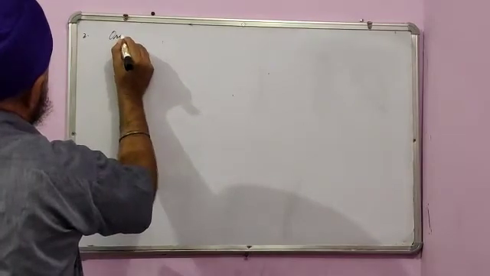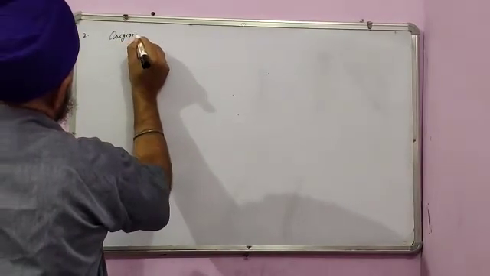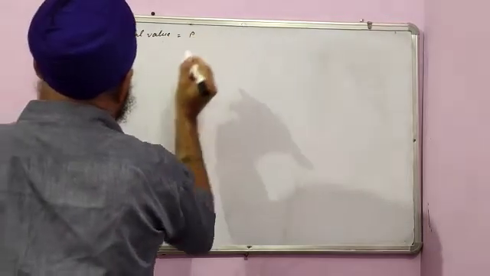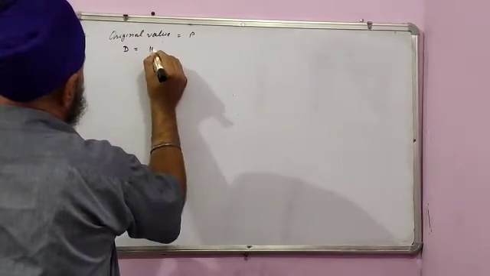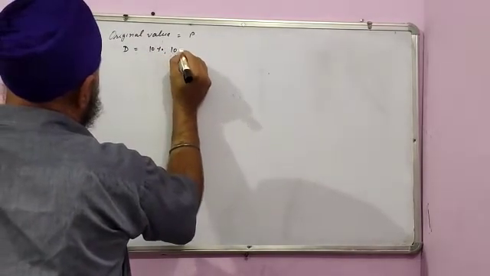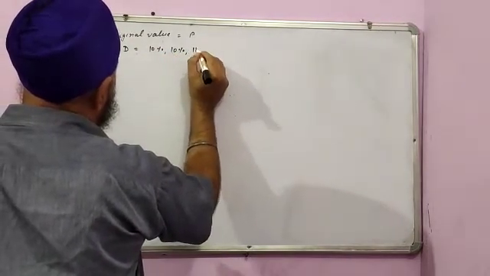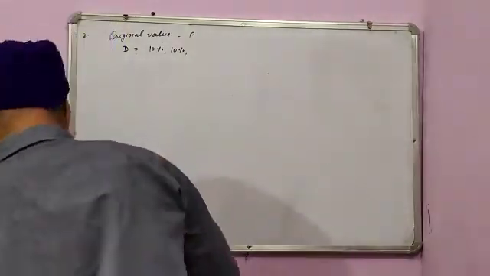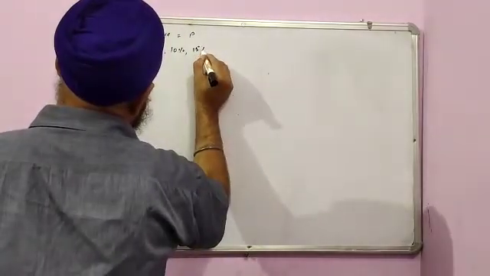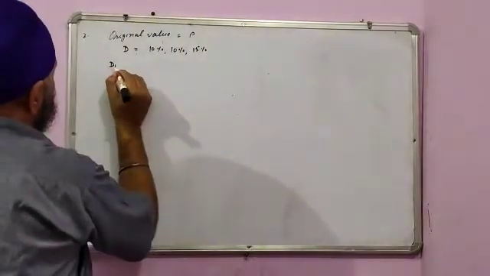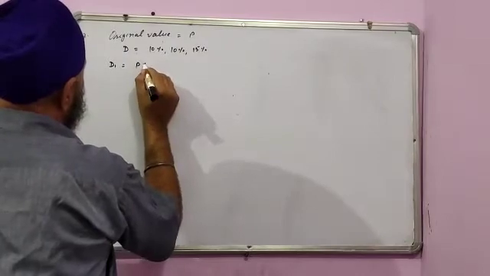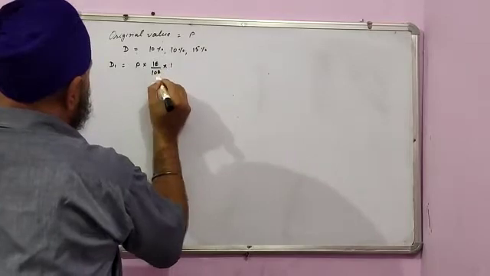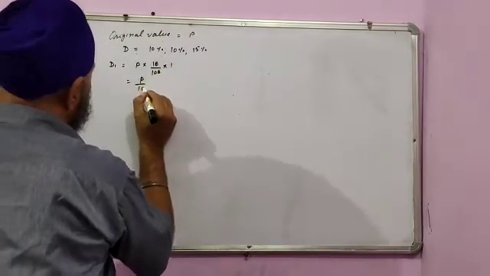Let original value of machine be P. So depreciation for first year is principal into 10 upon 100 into 1, that is P upon 10.